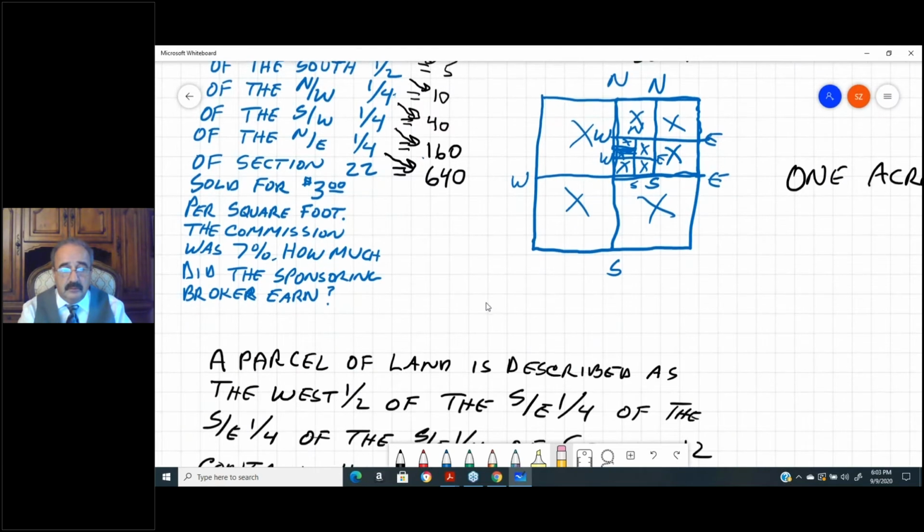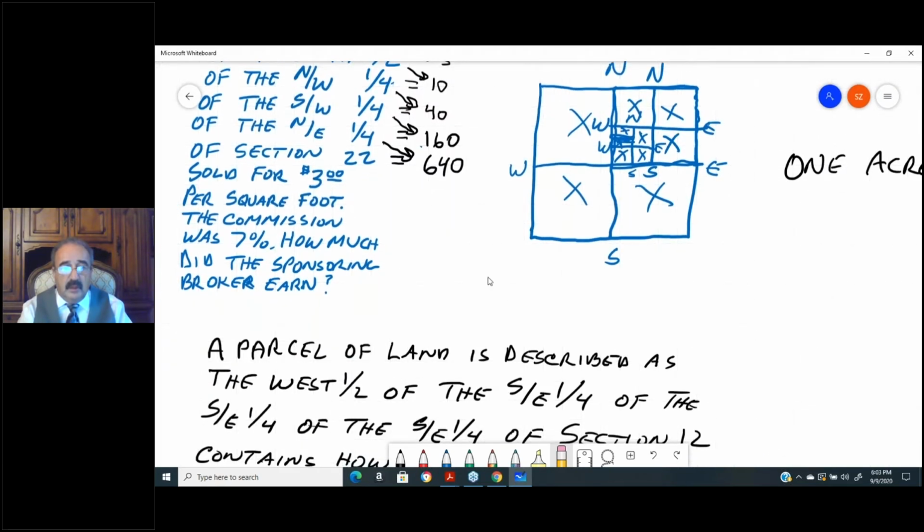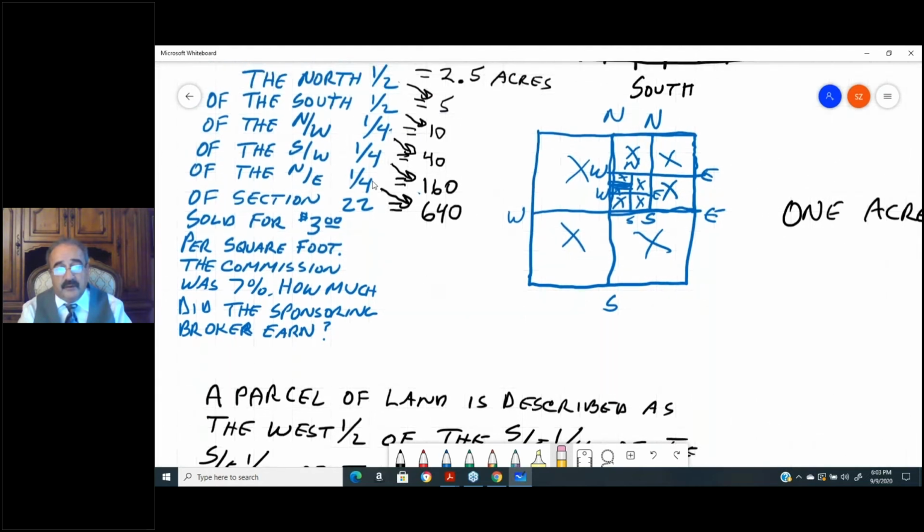So we always start off with the section number of 640 acres divided by 4 gave me 160. 160 divided by 4 gives me 40. 40 divided by 4 gives me 10. 2 divided into 10 equals 5 acres. And then half of 5 acres equals 2.5 acres.